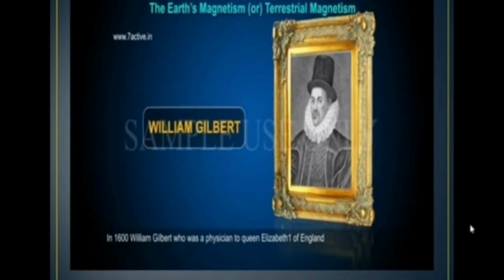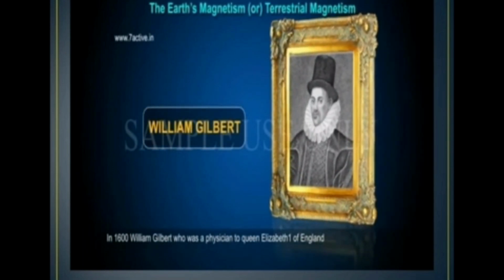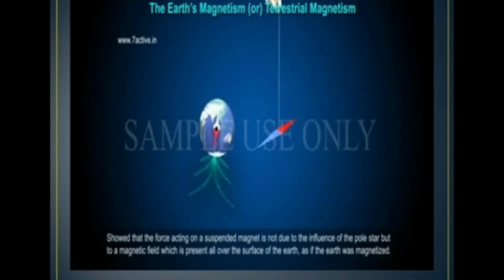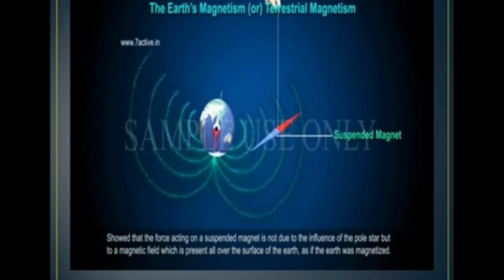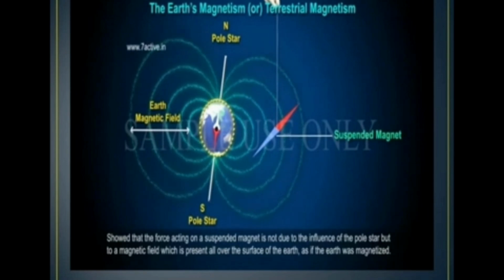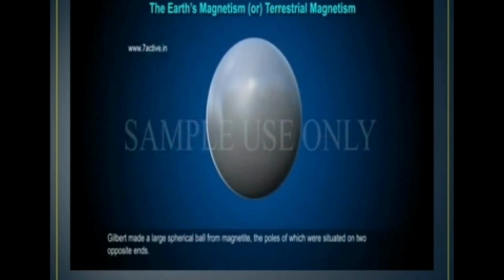See that. In 1600, William Gilbert, who was a physician to Queen Elizabeth of England, showed that the force acting on a suspended magnet is not due to the influence of the pole star, but to the magnetic field which is present all over the surface of the earth, as if the earth was magnetized.